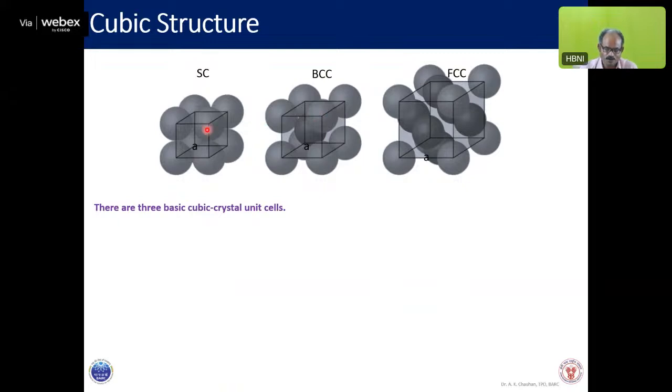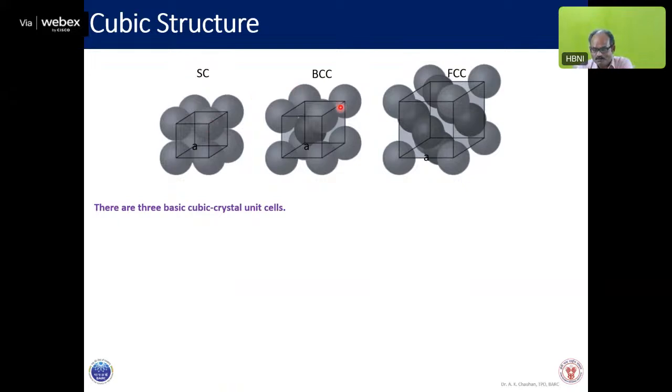Here, the same identical atom of the same size has been placed in between those 8 atoms, so there will be strain. Here, if you see, there is less strain.